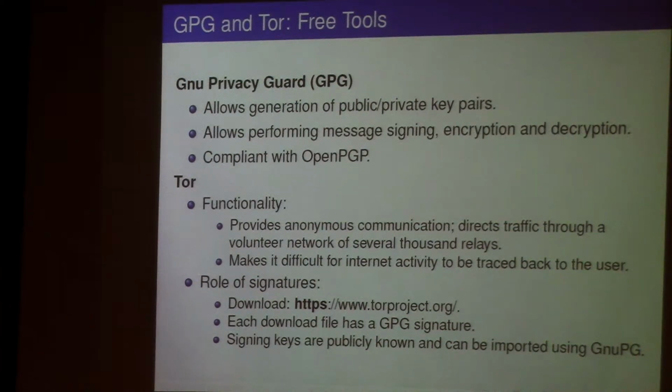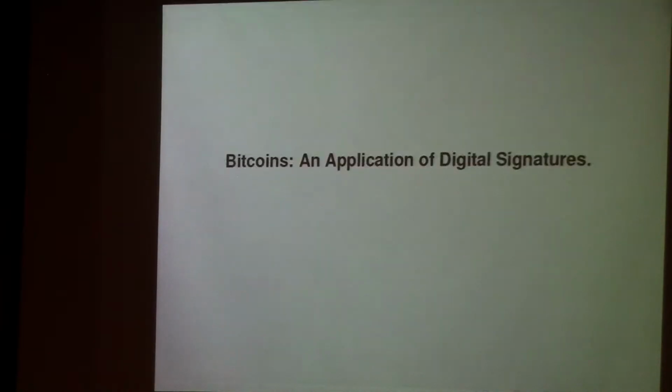If you do that, then you know that you are actually getting the original Tor, not something else. So even though the functionality is not really signatures, without signatures you cannot really trust the code that you have downloaded. And towards the later half of the talk, we'll see how this can be applied.